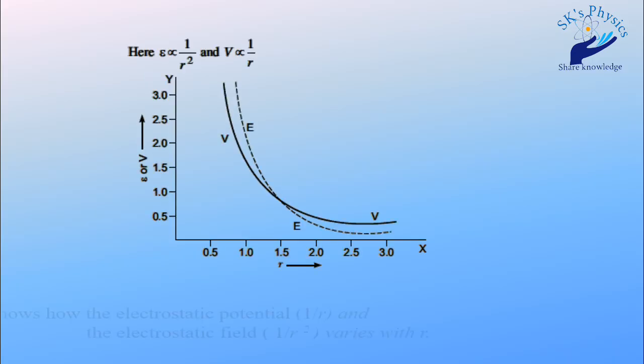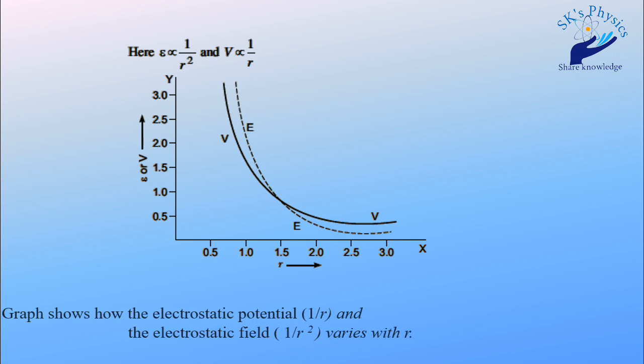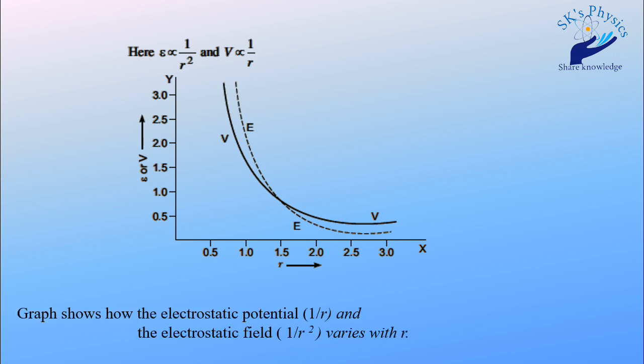The graph shows how the electrostatic potential varies as 1 upon R and the electrostatic field varies as 1 upon R square.